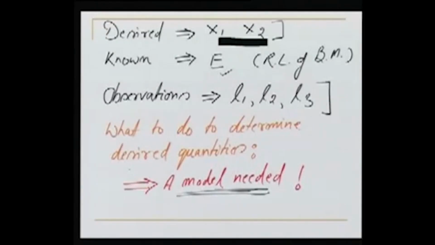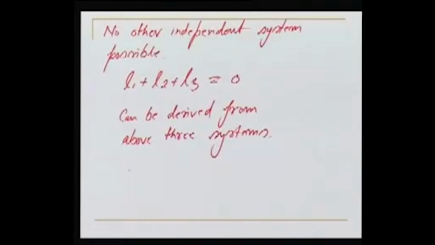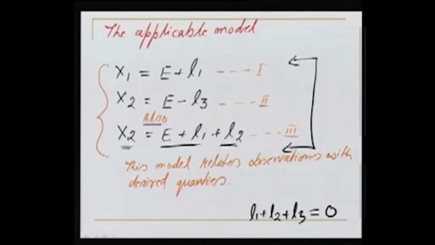But there will be some questions now. What are the questions? One more thing which is important here. We have so far come out with these three systems within our model. Is there any other possible? For example, I can write one as L1 plus L2 plus L3. Obviously, you can make a guess now that this will be equal to 0.